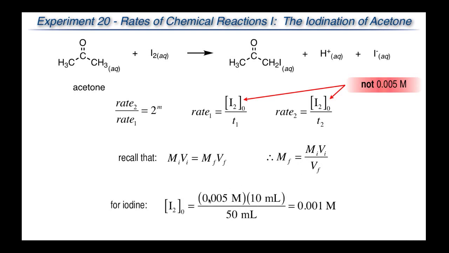So for iodine, the initial concentration is going to be equal to the concentration from the bottle, in this case 0.005 molar, times the amount that we added to the reaction solution, in this case 10 milliliters, divided by the total reaction volume, in this case 50 milliliters. And so the initial concentration of iodine turns out to be 0.001 molar. So be aware of that. We need to recalculate the concentration of iodine based on the total volume of the reaction solution.